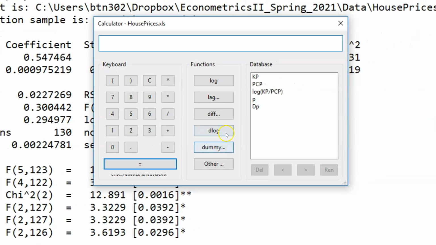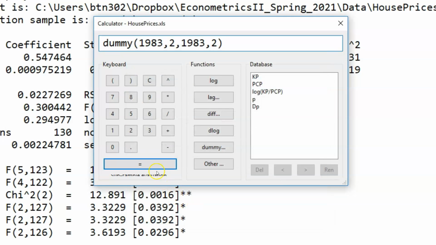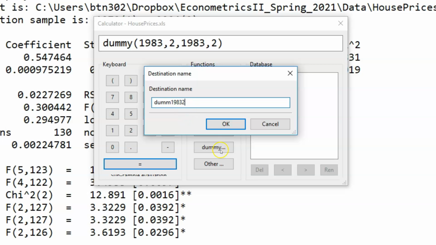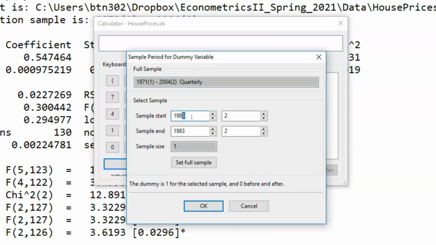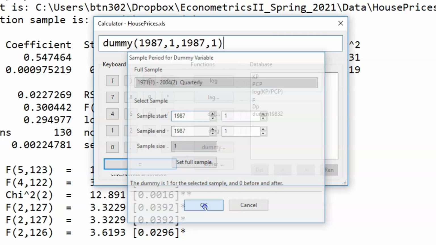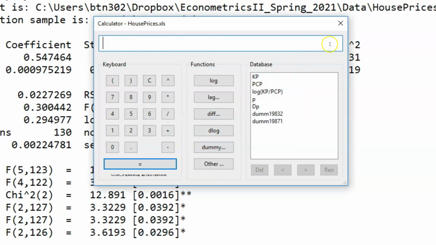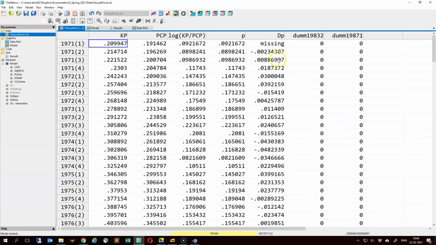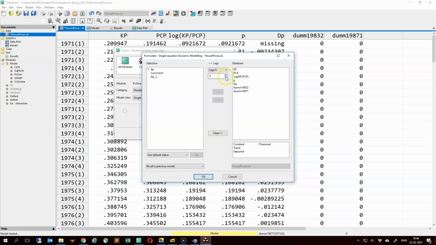I'll do that here, and likewise we can consider a dummy for the first quarter of 1987. So we have 2 additional variables in the dataset, namely the 2 dummy variables, and we can include these 2 in the AR1 model.